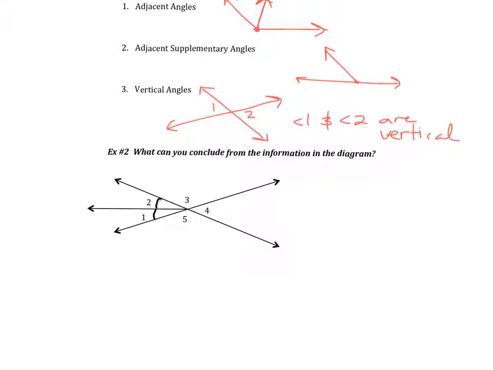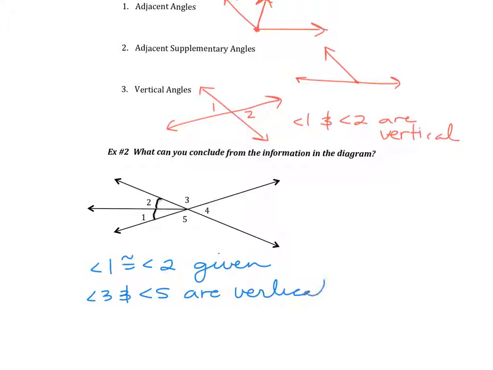Yes, okay, so that was marked for you, right? We know that angle 1 is congruent to angle 2 because it was given to us. That was marked. What else can you assume? 3 and 5 are vertical. You can say angle 3 and angle 5 are vertical angles.